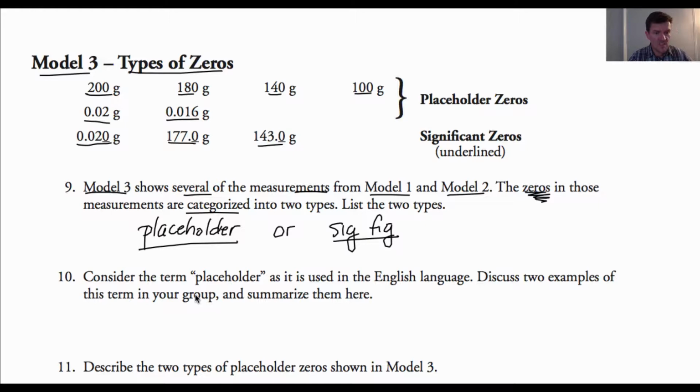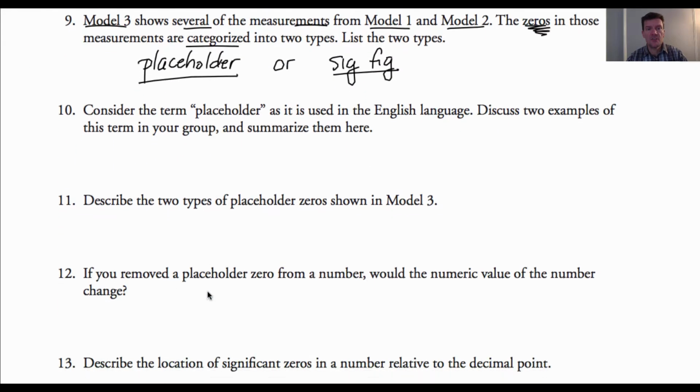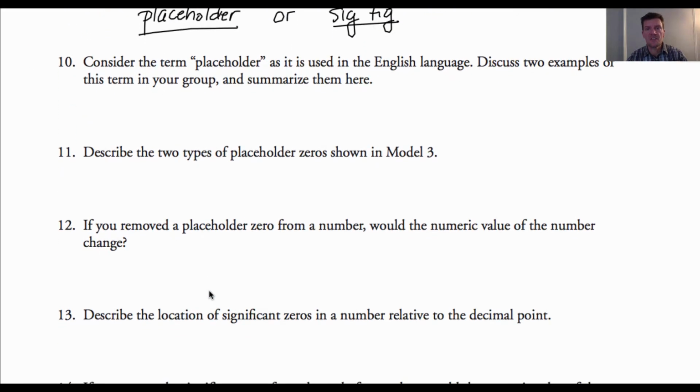Alright, number 10 says, consider the term placeholder as it is used in the English language. Discuss 2 examples of this term in your group, or you can write them down by yourself. Summarize them here. Basically, you're just saying that it holds a place, like somebody may be a placeholder for your place in line. Hey, I got to run and get something. Please hold my place in line.